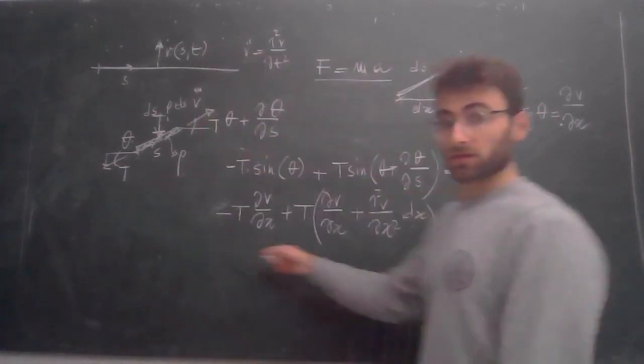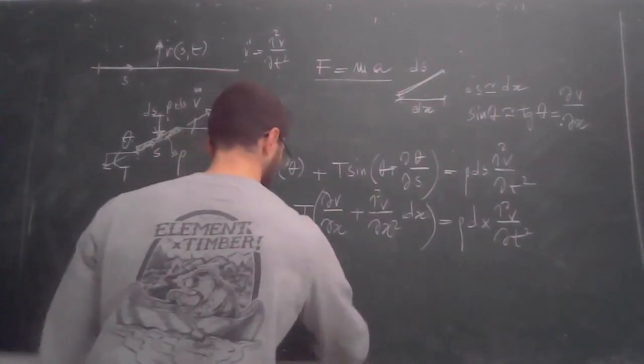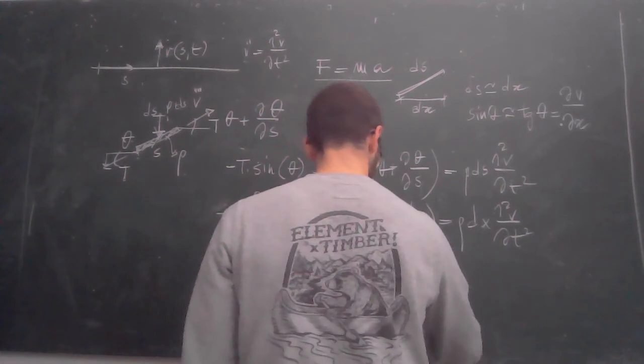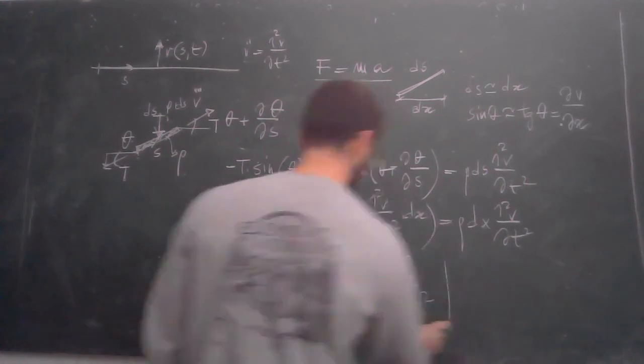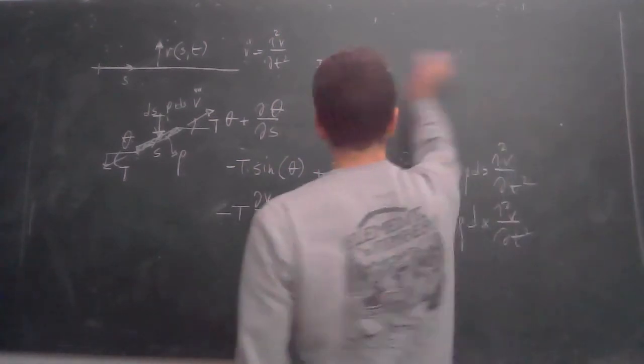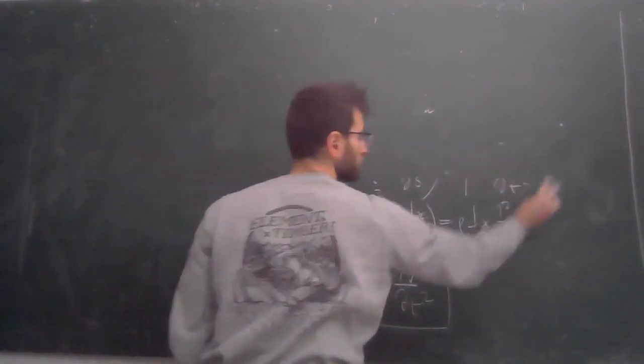By simplifying this expression, we have the equilibrium equation, the indefinite equilibrium equation of a string, which is T times the second derivative of v with respect to x.